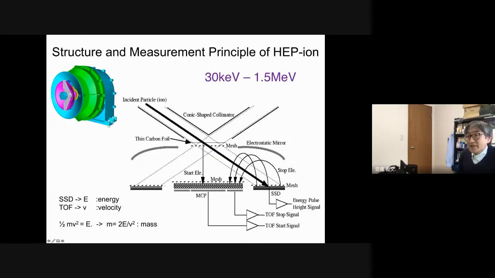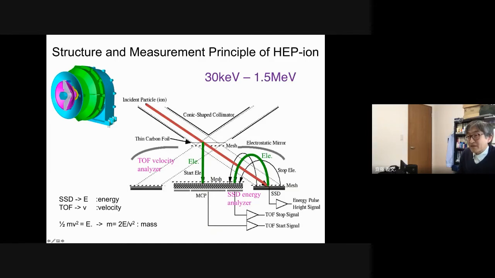The incident ions come this way, and there is a very thin carbon foil here, and they pass through the carbon foil. When they pass through the carbon foil, secondary electrons are emitted like this, and the ions are detected by this SSD placed here. When the ions collide with the SSD, secondary electrons are emitted from the surface, and these secondary electrons are detected by the MCP here.